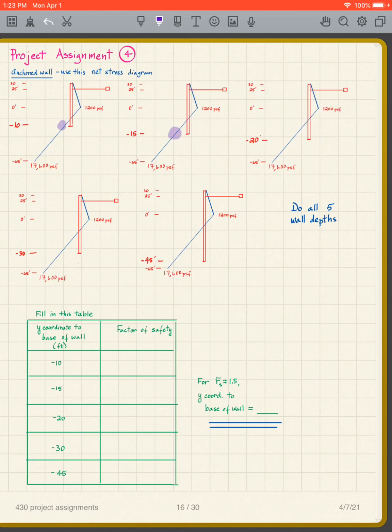What is the net stress here at the base of the wall? So that's one of the things we need to find along the way. Now, we wrote an equation. Like I said, we have line 4 here. We have the equation for line 4, and that's going to get us to the stress at the bottom of the wall.